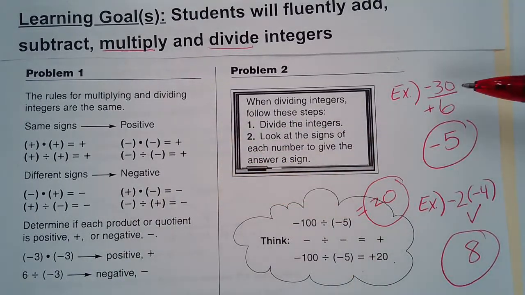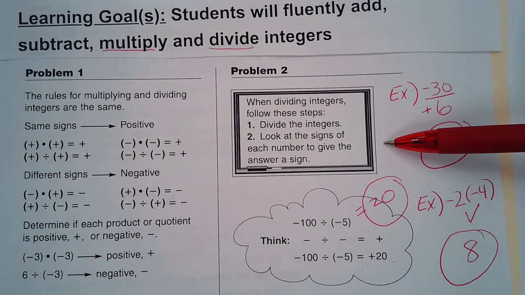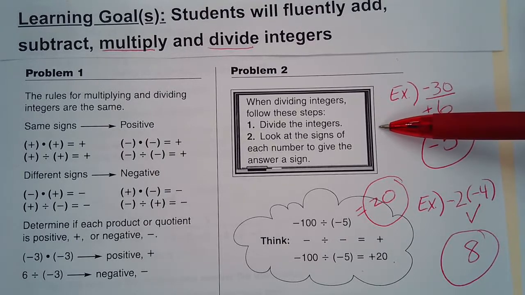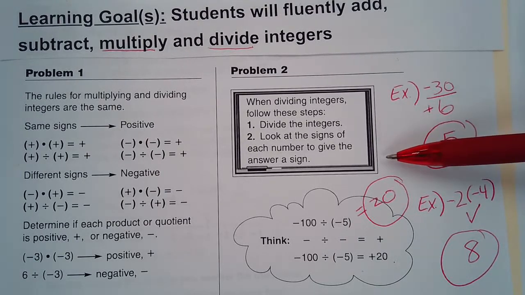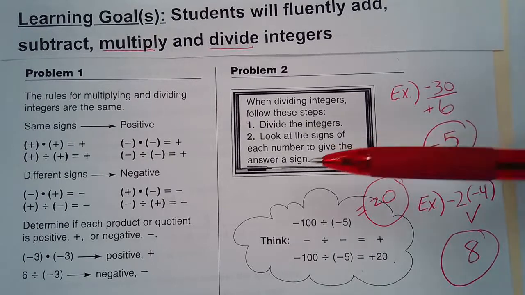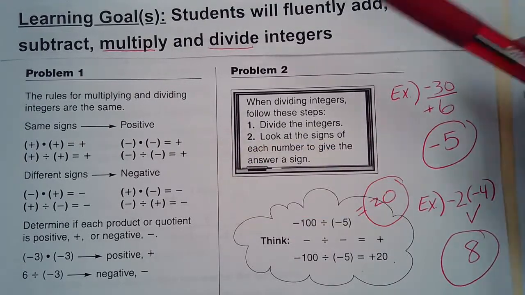And then we've done a few examples here. Our tip for this lesson is to deal with the numbers first. So multiply and divide your integers first, and then apply your rules for the signs. Same sign gives you a positive answer. Different sign gives you a negative answer.